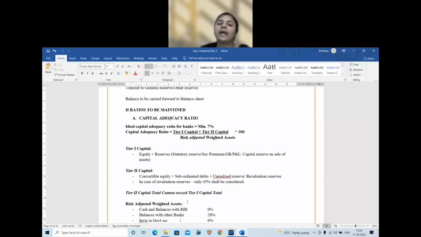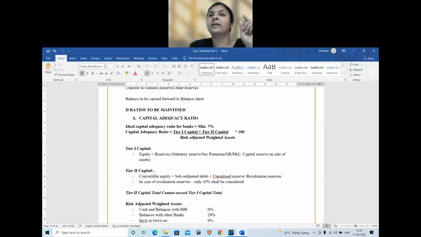What is Tier 1 capital? Formula is given: equity plus reserves, where reserves will include statutory reserve, securities premium, general reserve, P&L, capital reserve on sale of assets. Similarly, Tier 2 capital: convertible equity, subordinated debts, which are unsecured debts, and unrealized reserves like revaluation reserve.